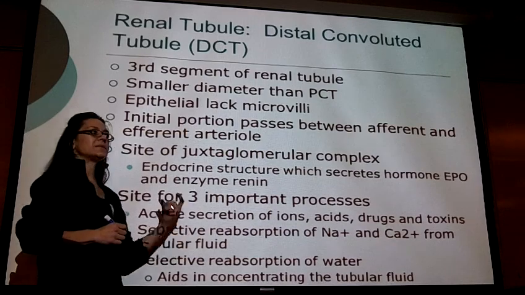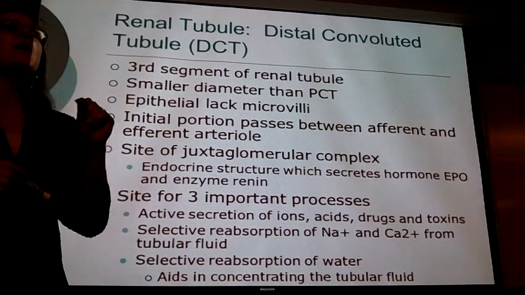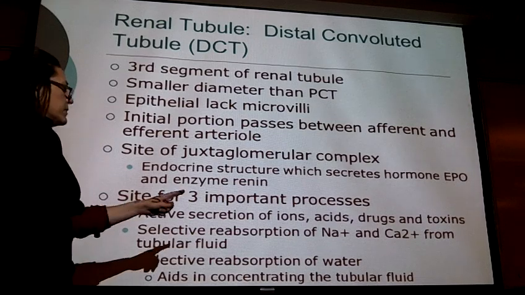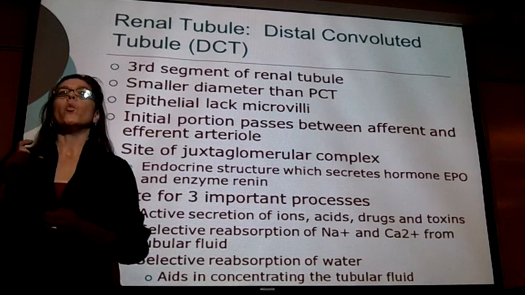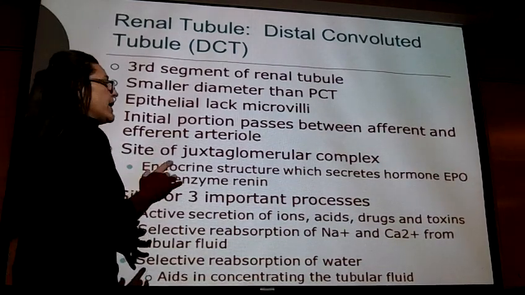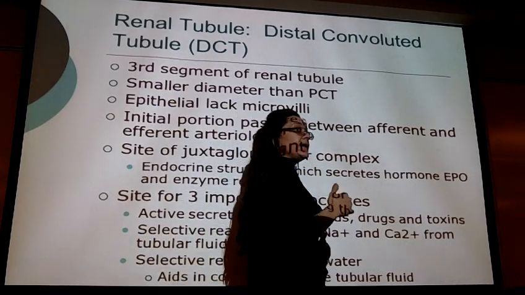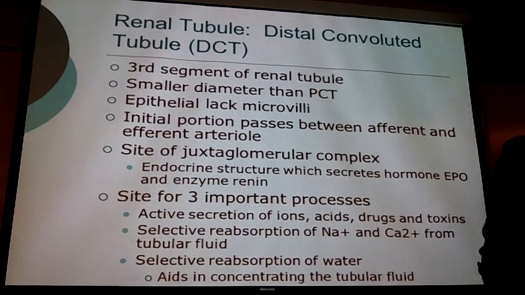Now the reason that selective is there is because in the DCT, things are going to get reabsorbed based on what hormone levels are. So if we have a high amount of PTH in the blood, that's going to cause more calcium to get reabsorbed.